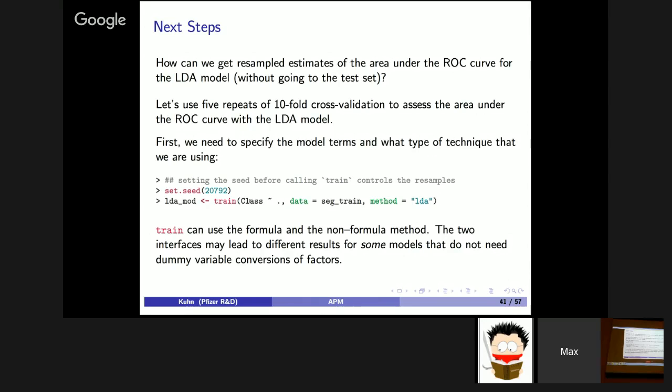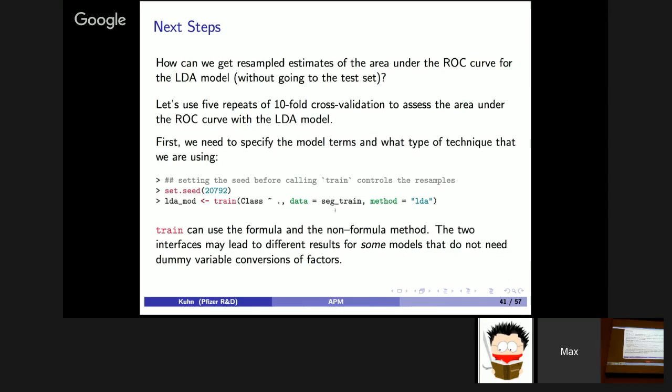You have the formula and the non-formula method with train. So if I said x equals a data frame of predictors and y equals the classification variable, even if the underlying model that you want to fit only uses the formula method, it again makes that translation. So it allows you to use either the formula method or not, depending on your preferences.